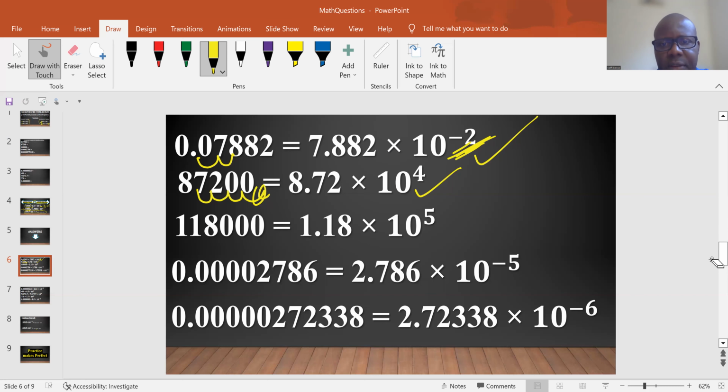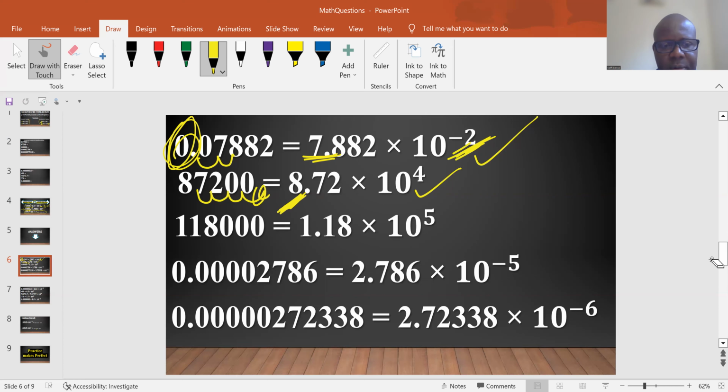Again, remember, in scientific notation, the digit you have before the decimal is 1, 2, 3, 4, 5, 6, 7, 8, or 9, but it cannot be 0. This 0 point here, we write it as 7 point. And also, it has to be only one digit before the decimal.